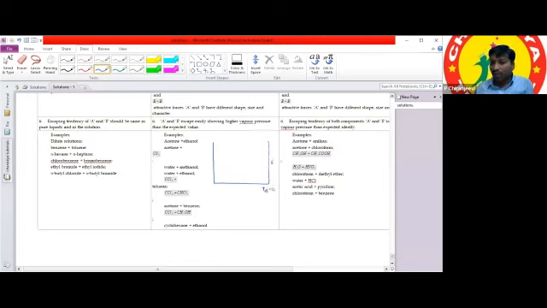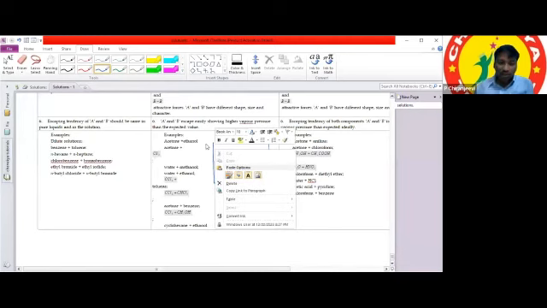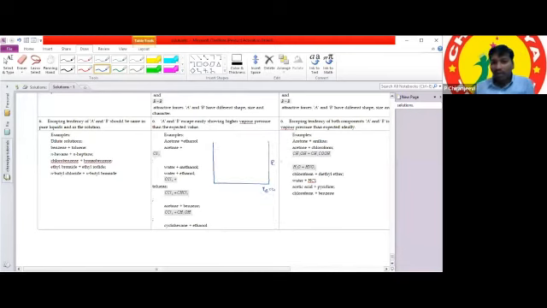If the pressure increases, what happens to the mole fraction, does it increase or decrease, according to Raoult's law? What is Raoult's law? Vapor pressure is directly proportional to the mole fraction of the component.